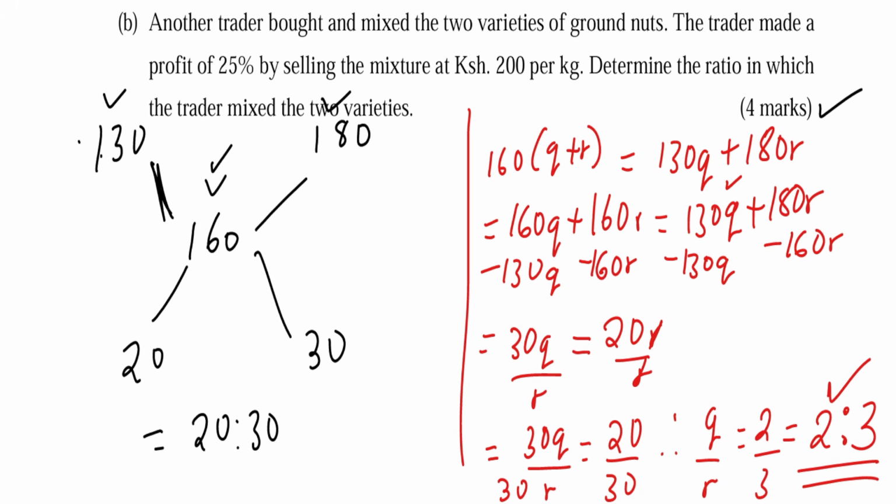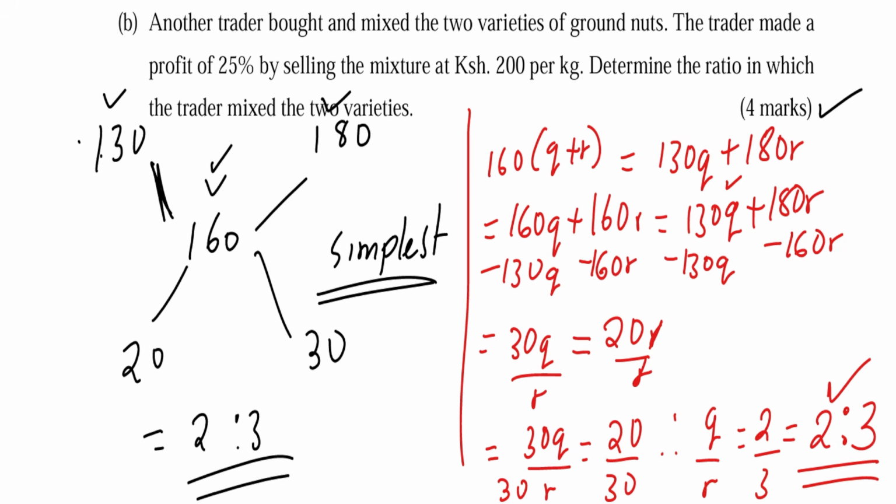So ukitoa the 0 on both sides, answer yako itakupa 2:3. Ni simplest way, but hiyo 4 marks nazo, but just be keen. Ukitaka waweza kutumia tu just kuangalia kama answer yako ni correct or wrong, but don't say it's wrong. It's not wrong. So okay, let's go to the other question rather than focusing on one question.